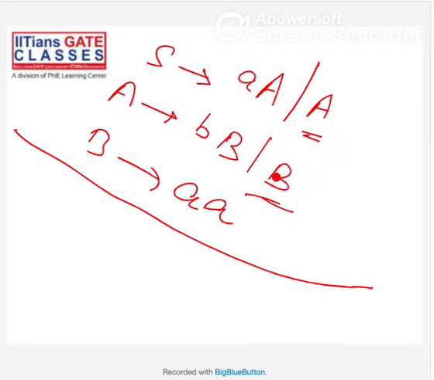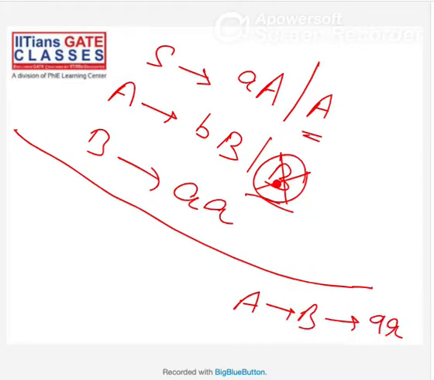This A goes to B. It is saying that basically A is going to B. So when you want to remove this unit production, this A can go to B, and this B can go to AA.